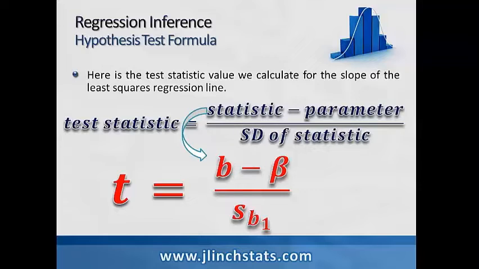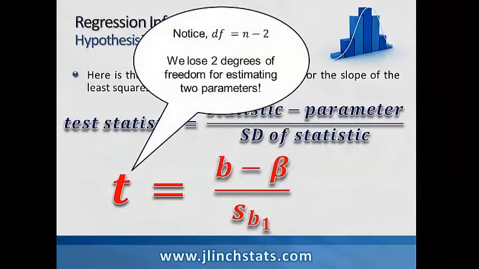The population parameter itself is beta, and the standard deviation of our statistic is S sub B sub 1. Notice again that degrees of freedom for our t-test statistic value is n minus 2. We lose 2 degrees of freedom once again because we have 2 parameters in our least squares regression line model, alpha and beta, and we lose 2 degrees of freedom for estimating both those parameters.